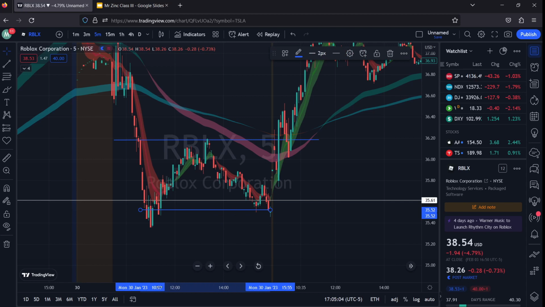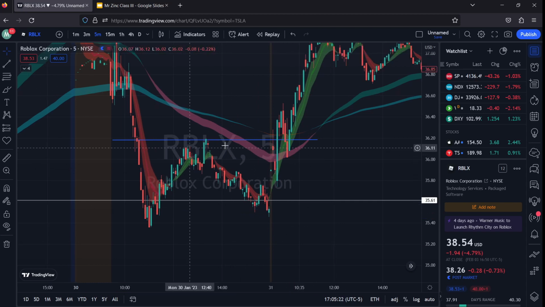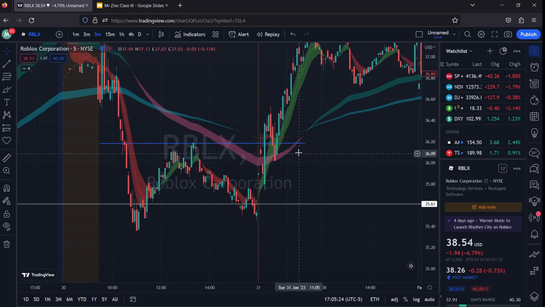So this is over the course of 7 hours. You just divide 420 by 5 because we're on the 5-minute time frame. This is about 84 candles that it took to make this pattern. 80 to 84. So we have the neckline, carries over into the next day.